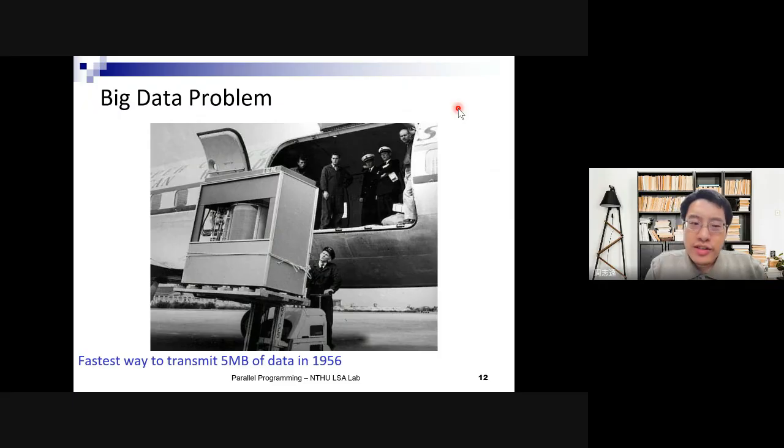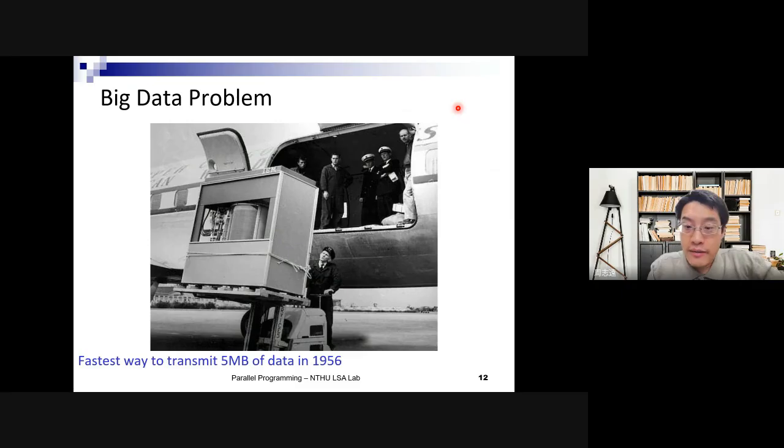All right, so that's the whole story, and now we come back to big data. So what exactly is the problem for big data? In the past, probably 16 years ago, big data may have been a problem like shown here, just moving 5 megabytes of data from one place to another.